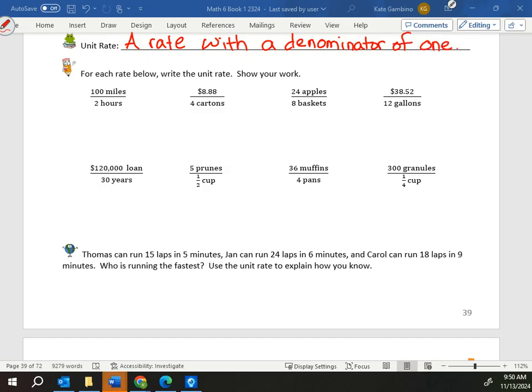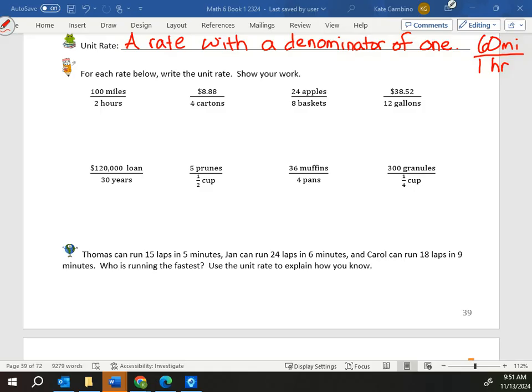So in my example up above, I said 60 miles in 1 hour. That is a unit rate. A unit rate is a special kind of rate. Sometimes you can take the regular rate and turn it into that unit rate. Not sometimes, you can always turn a rate into a unit rate. So you have the unit rate means the denominator is 1.